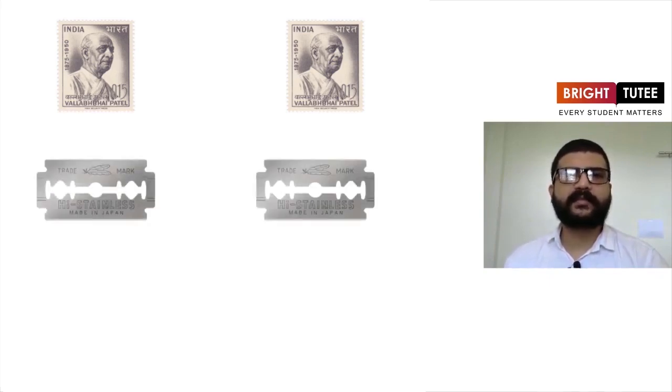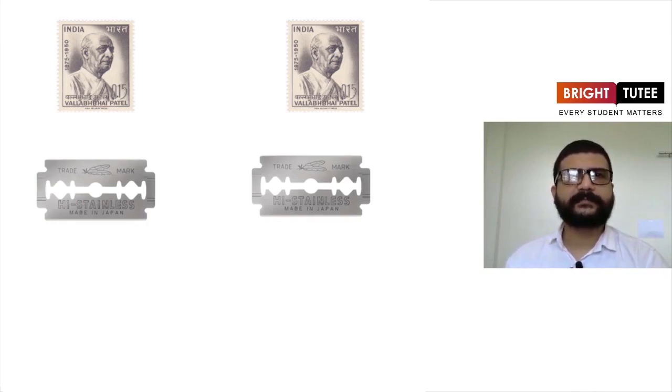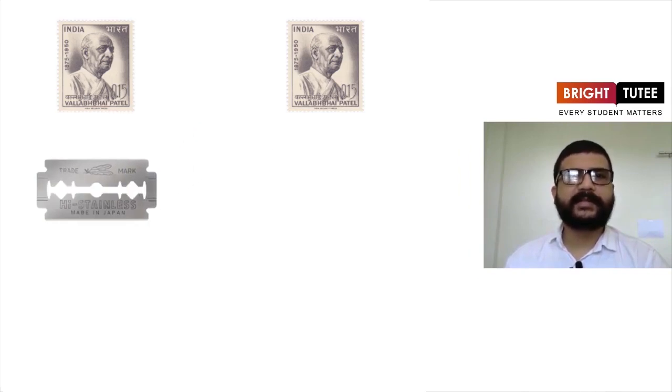Now can you think of any other figures which are congruent? Do we have any other example also? Yes, we do have. So let's consider this. These are the two blades of same company. What do you think? Will they overlap each other? Yes, they will. So it means these two are also congruent because they are overlapping each other completely and exactly.